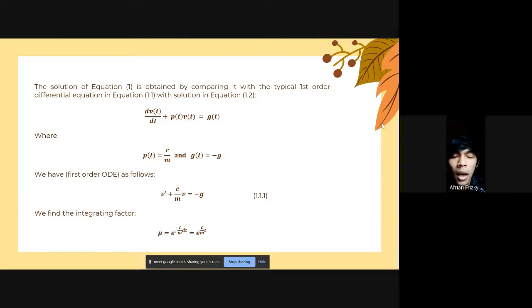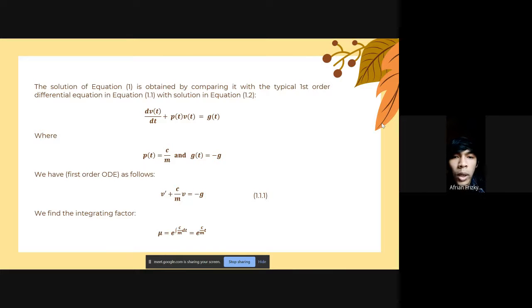And then we can write it in another form, that is v prime plus c over m times v is equal to minus g. And then we want to solve this ordinary differential equation.